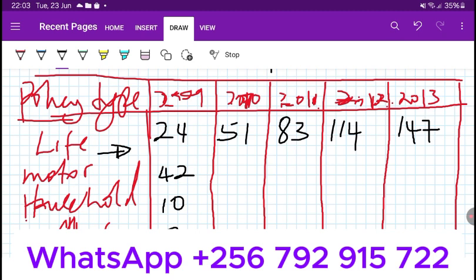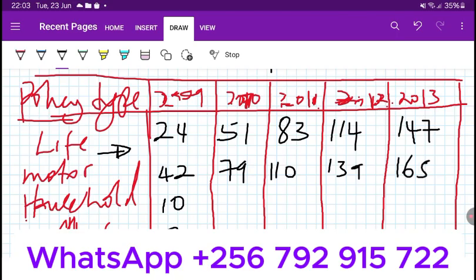So it is 42 plus 37, you get 79, then 79 plus 31, you get 110, then 110 plus 29, you get 139, 139 plus 26, you get 165.